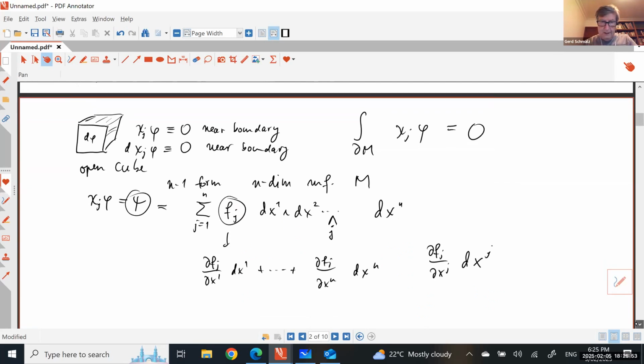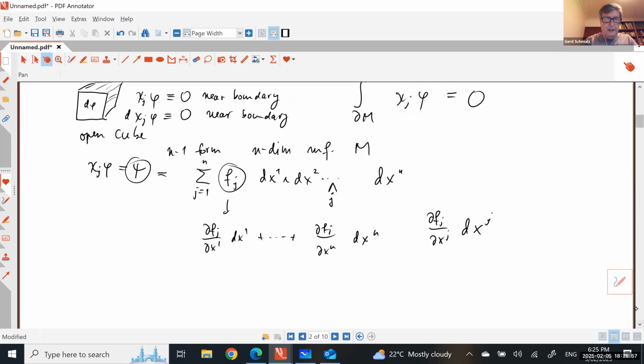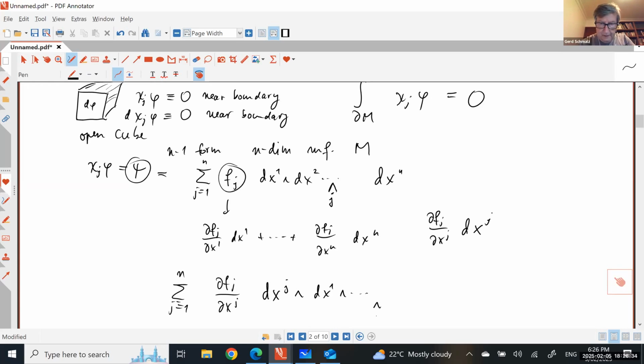So actually we only have this. It is the sum for j equals 1 to n of dfj by dxj, which is some kind of divergence that we compute here, times dxj, dx1, with dxj omitted here, up to dxn.